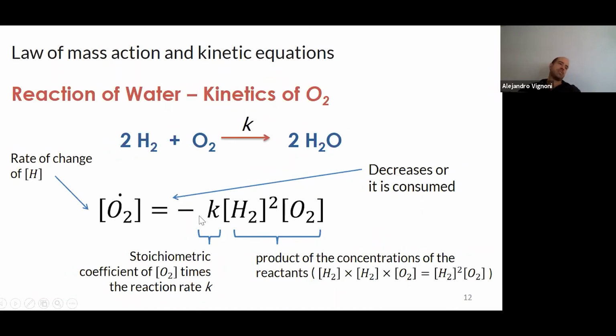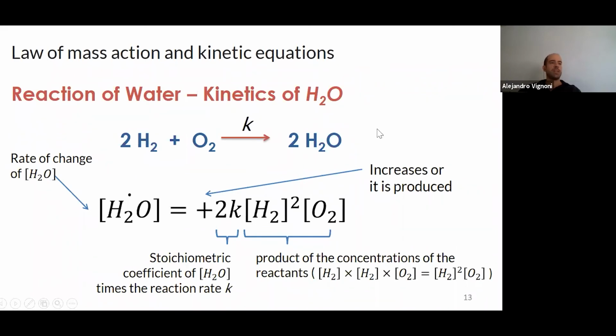And here there is nothing, or a 1, because every time the reaction happens, 1 molecule of oxygen is used to get us the water, okay? And again, the minus sign is because the oxygen is disappearing to become the water molecule. Very good. Oh, there is a typo here that should say oxygen, sorry.